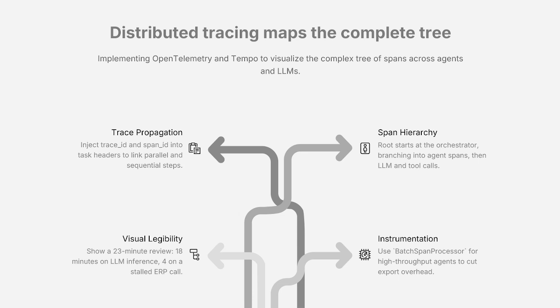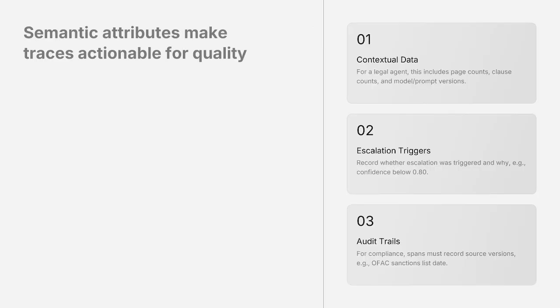So you can also trace visual legibility to trace how an individual agent calls the LLM and also interacts with the ERP system. So this is what we have in distributed tracing. Semantic span, we have span hierarchy, LLM call, severity runbook, notification channel, and what have you.